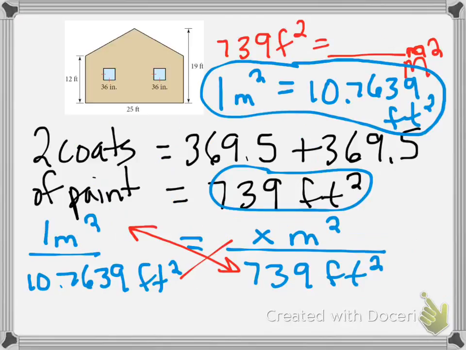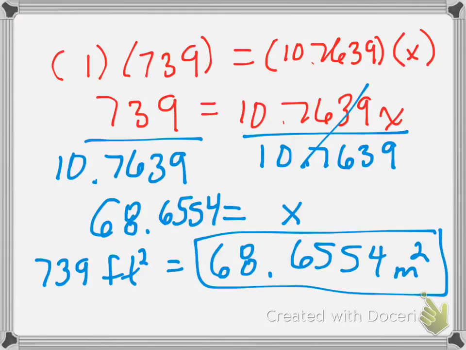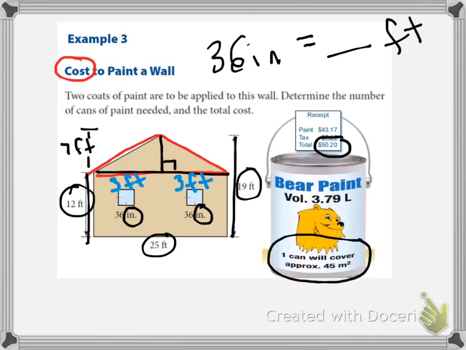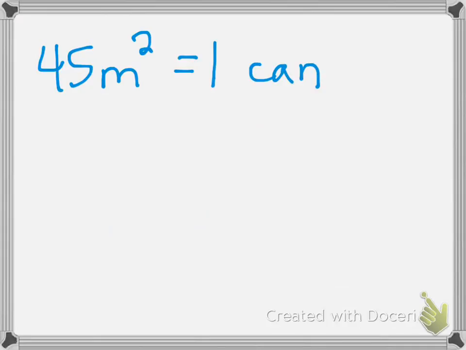Now, how many square meters did 1 can cover? 1 can covers 45 square meters. 45 square meters is covered by 1 can.